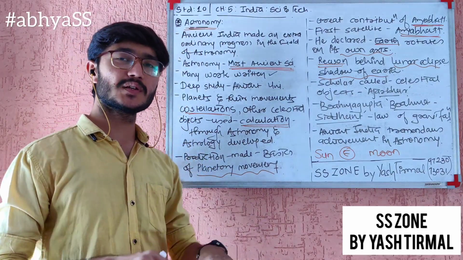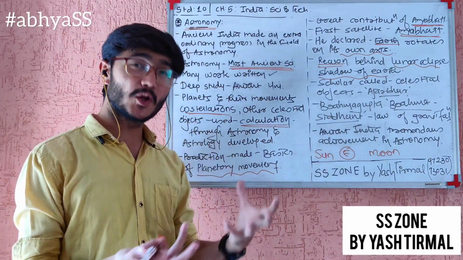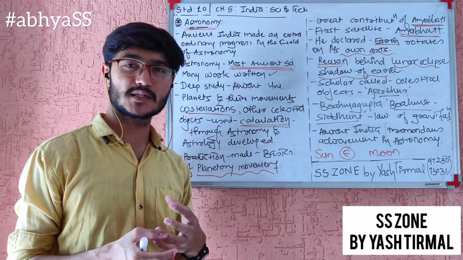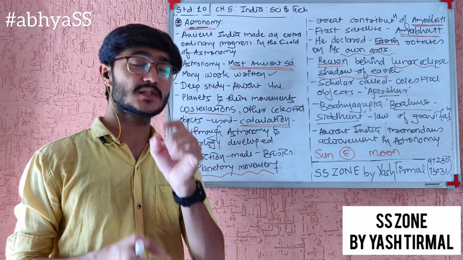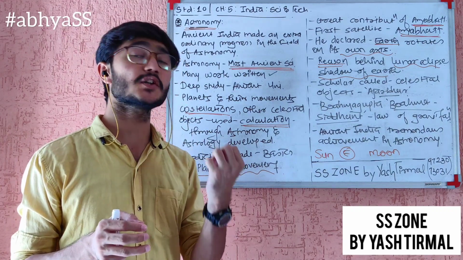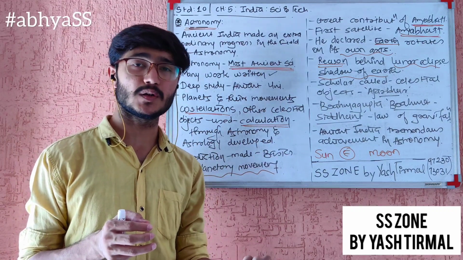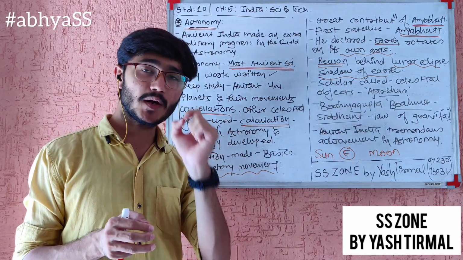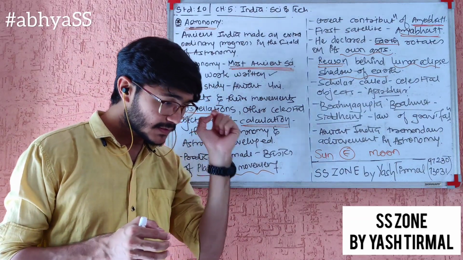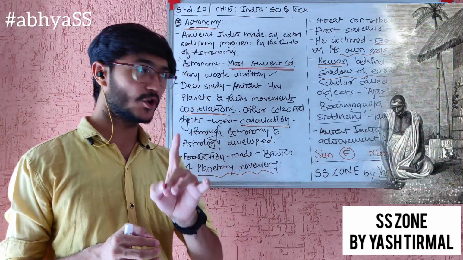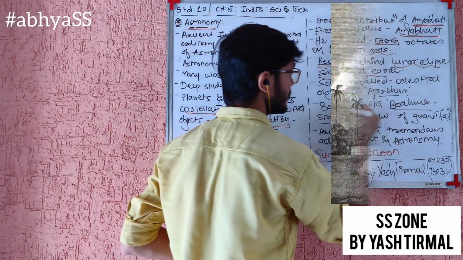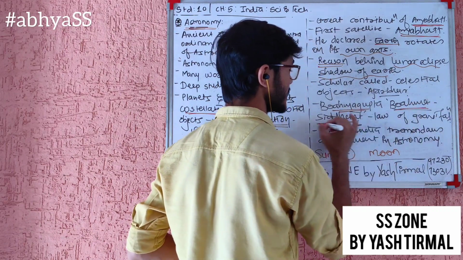And yes, you are all very well aware of Sir Isaac Newton, right? Sir Isaac Newton explored the gravitational force, but let me tell you one thing: the theory of gravitation, that the center of the earth attracts everything towards it, that particular statement was given by Brahmagupta in his book called Brahma Siddhant.